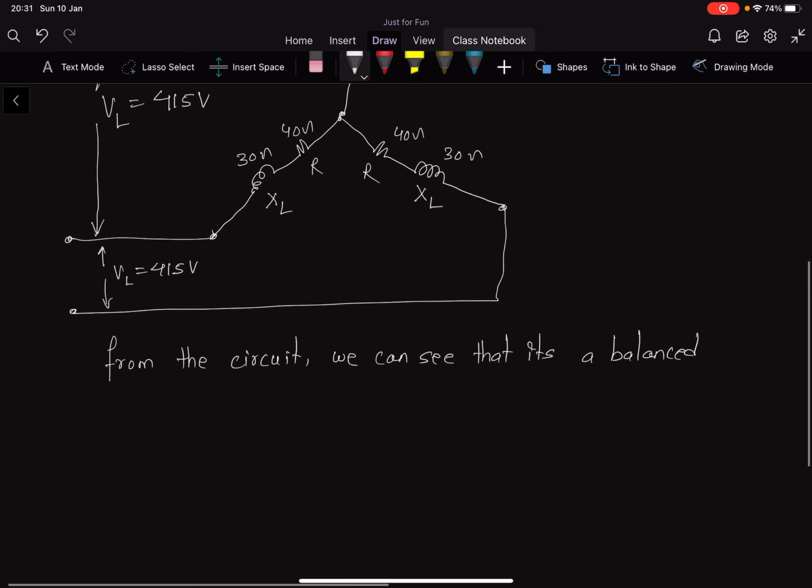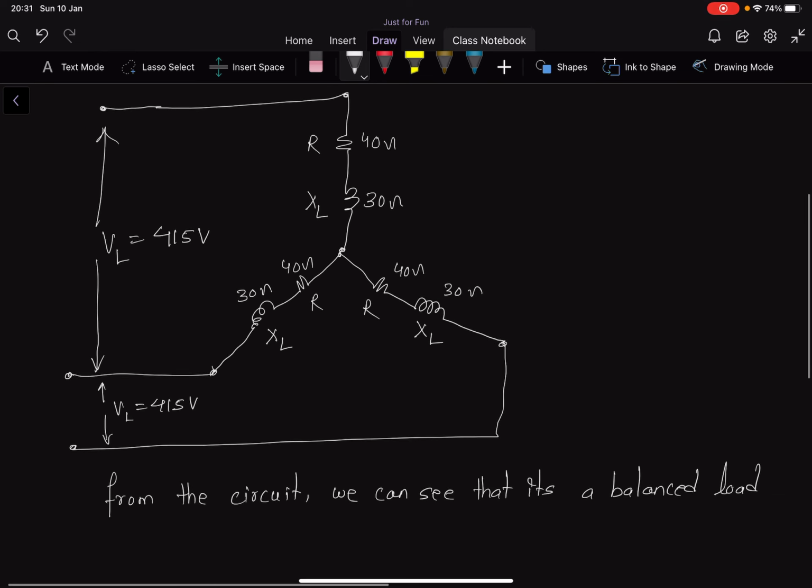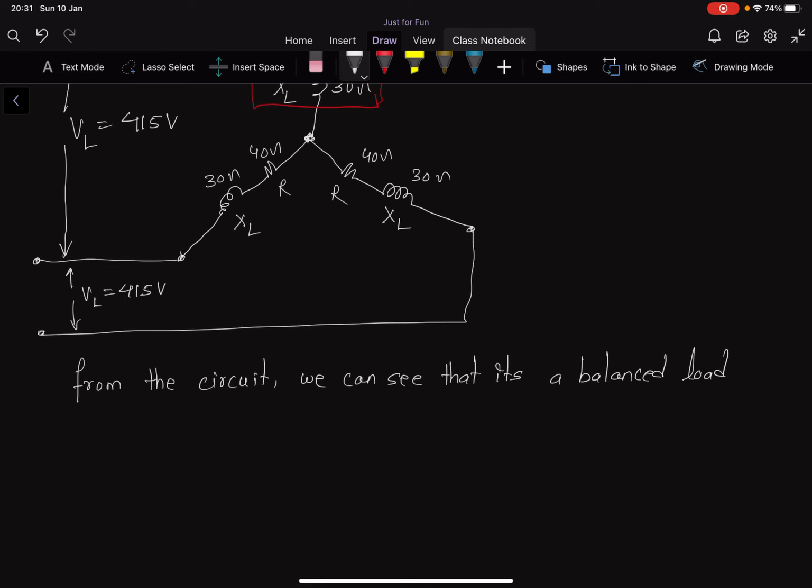Balanced load means you have the same value of resistor, inductor, or the same value of impedance. So this is called impedance in one phase, single phase. There are three single phases. So in one phase you have the same value, and on the other phase as well there is the same value. So this is called balanced load, since it is the same in all other phases.